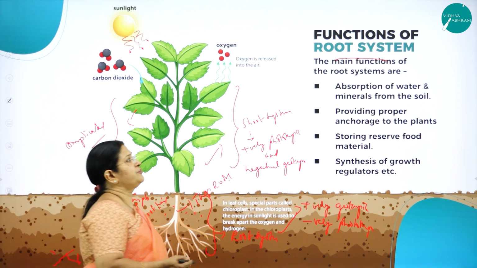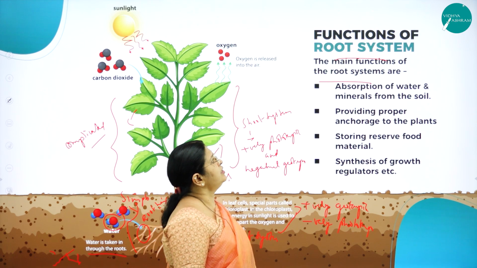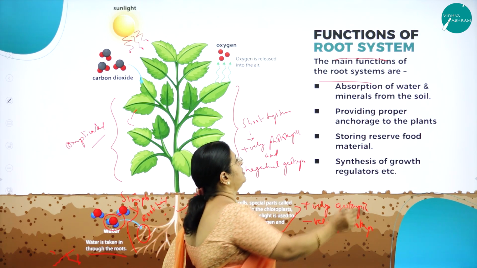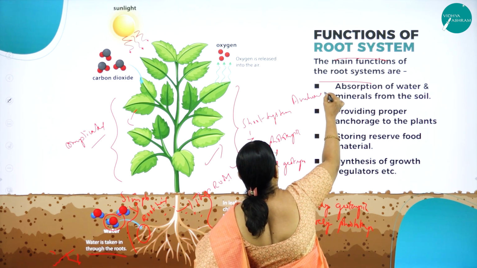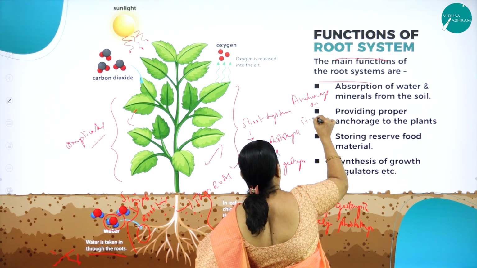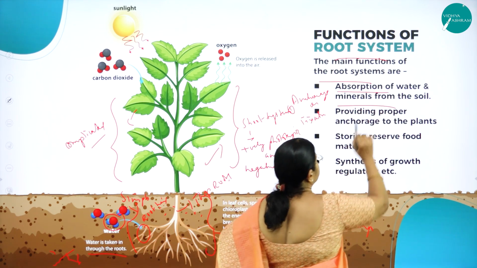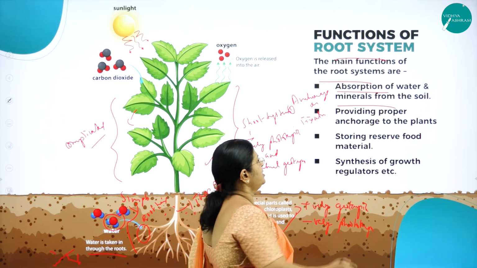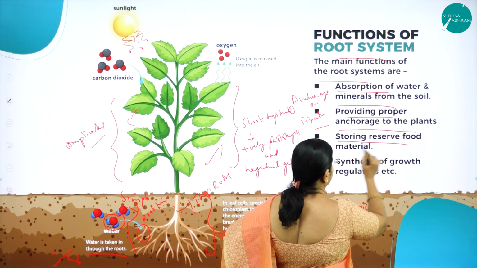So functions of the root system. As I already explained, the main functions of the root system are what? First, anchorage or fixation. First is this one. Next comes what? Absorption of water and minerals from the soil. Then providing anchorage to the plants. Then storing the reserve food material.